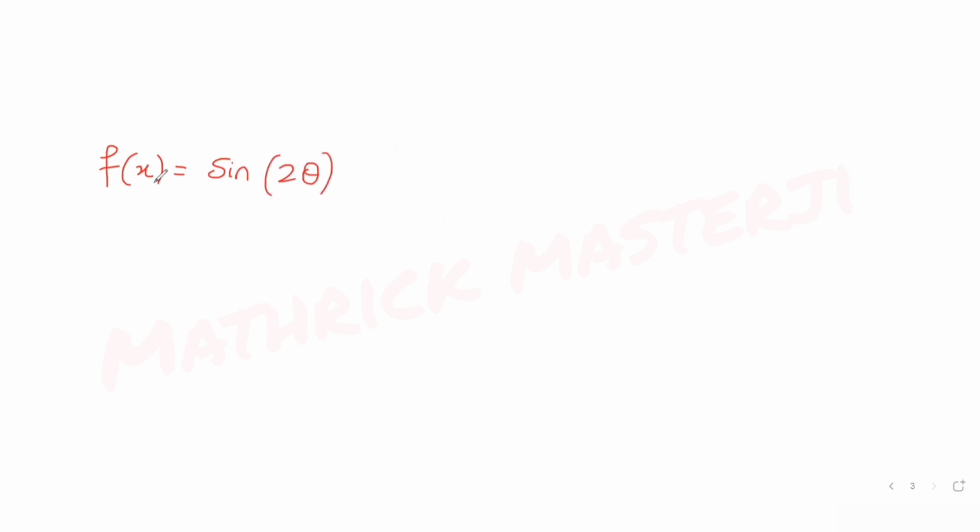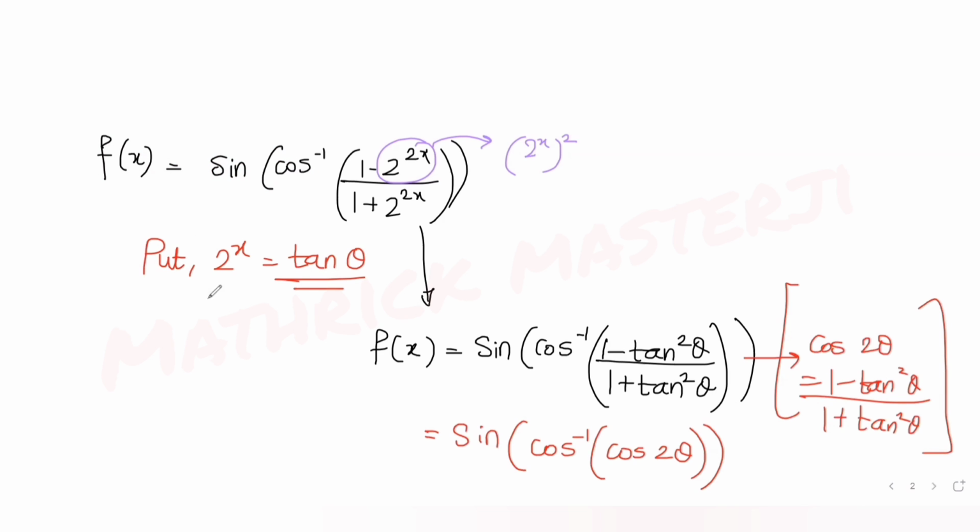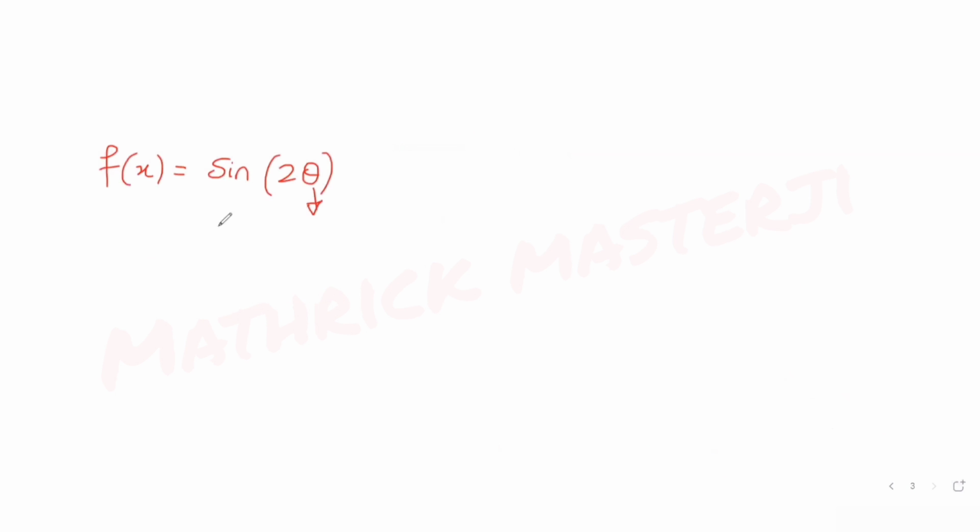But I want my f dash of x, so for that I need my function f of x in terms of x. If I resubstitute theta, we substituted 2 raised to x as tan theta, so theta becomes tan inverse of 2 raised to x. So I get sine of 2 tan inverse of 2 raised to x.